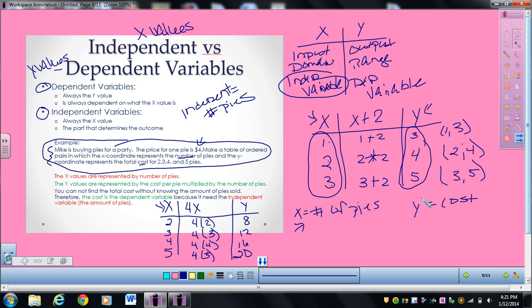And we also said that the y value is the dependent variable. So your dependent variable is the total cost. So if you are asked what the independent variable is, it's the number of pies, or your x's. Your dependent variable would be the total cost, or the y's. Okay? Let's try some more examples.